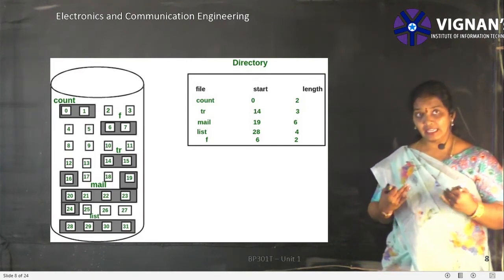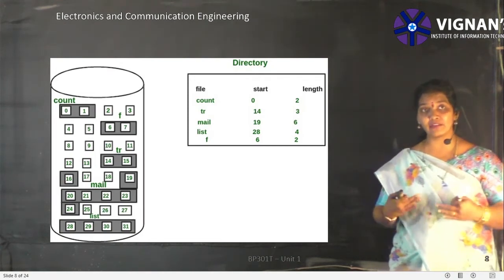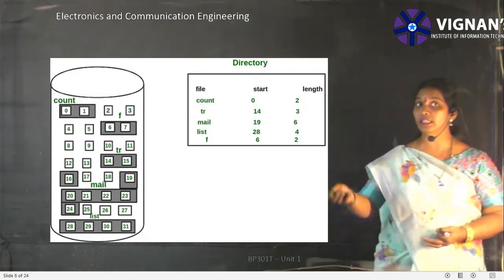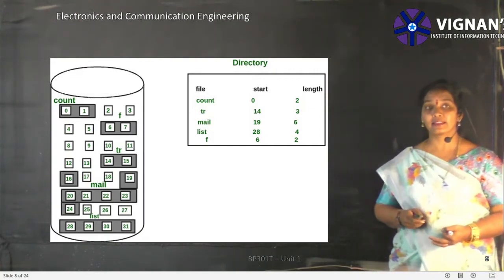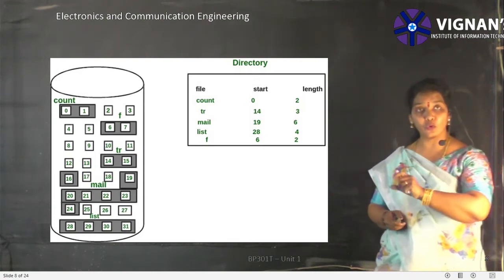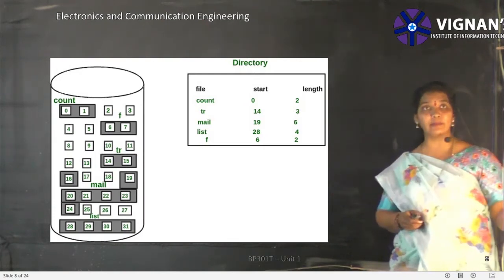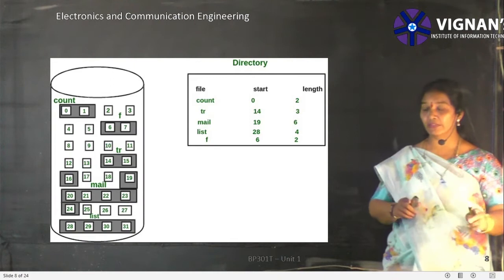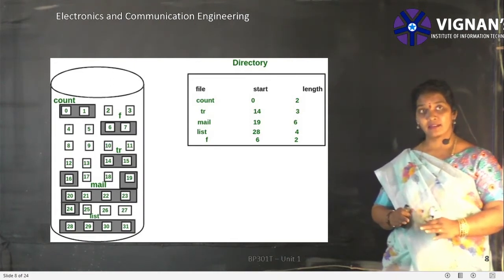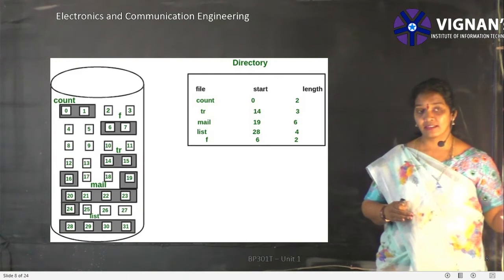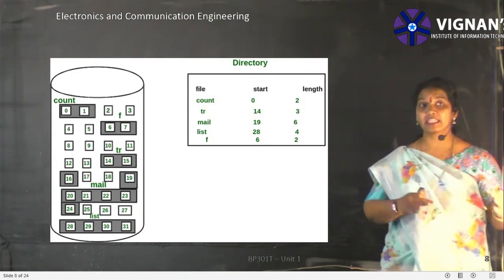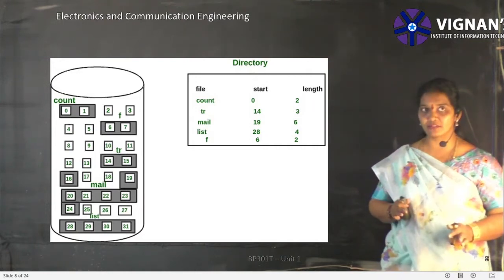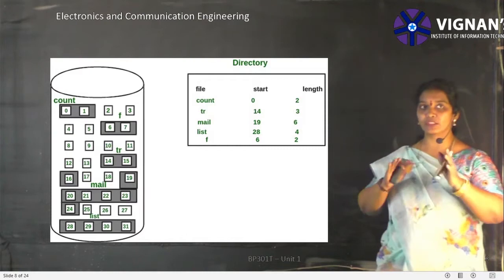And here if my file requires 8 blocks, then it cannot fit into this disk because there are no 8 continuous blocks available at one instant. Even though it has free blocks at various places, it cannot partition the file into those blocks and fit into them. It requires 8 continuous blocks which are not available.